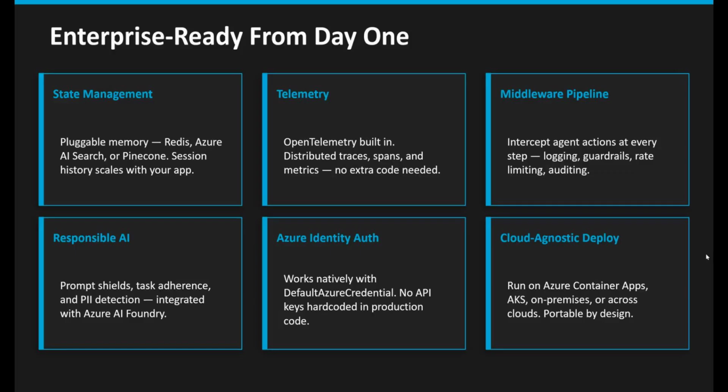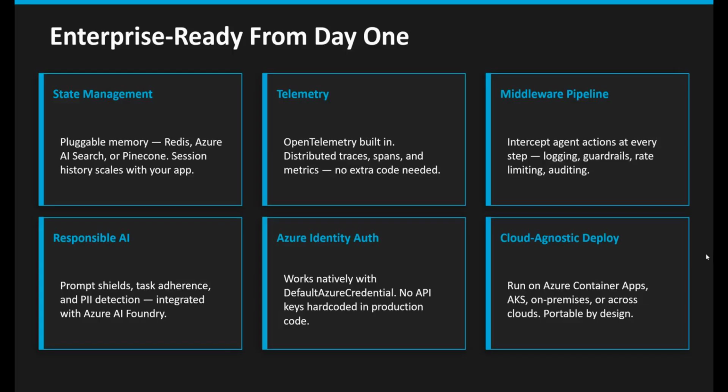No extra code required. Then there is the middleware pipeline. This gives you powerful control over every single step of the agent's execution. You can add logging, rate limiting, guardrails, or any custom logic your production environment demands. On the safety side, responsible AI features like prompt shields or personally identifiable information detection are seamlessly integrated with Azure AI Foundry.